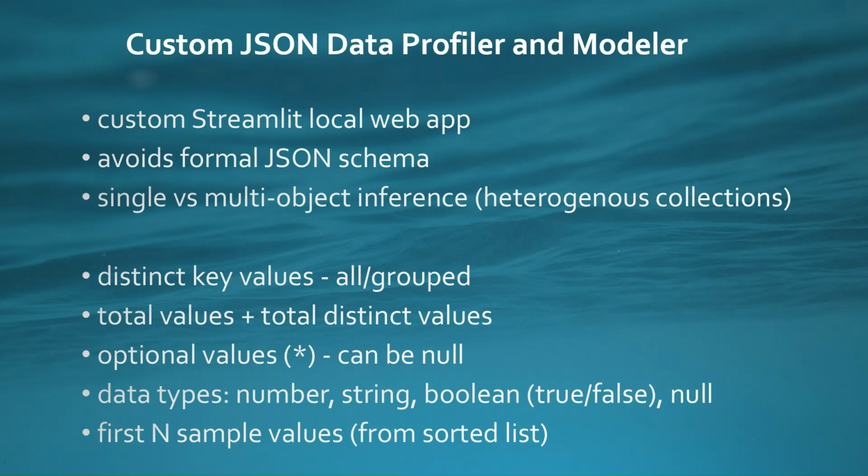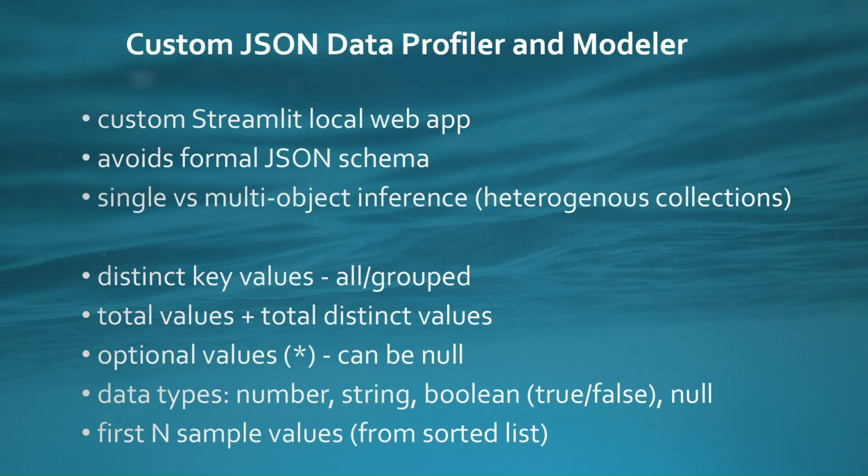This app will avoid formal JSON schema and will truly detect the schema on read from your stored data. As I specified online, I consider both heterogeneous and homogeneous collections. Here I consider only homogeneous collection with a single object inference. Read more online about the difference between single and multi-object inference.